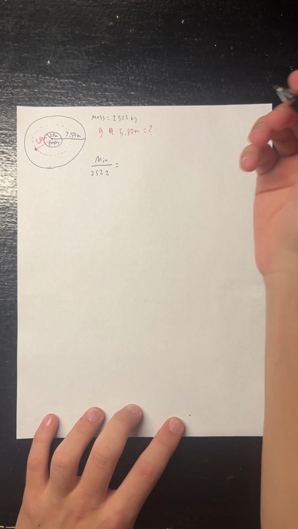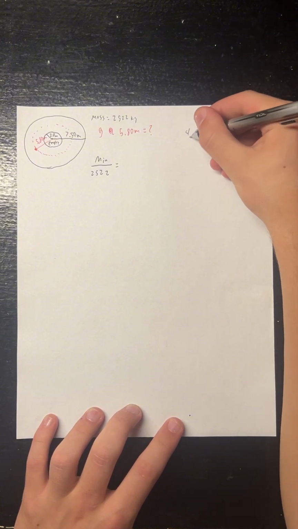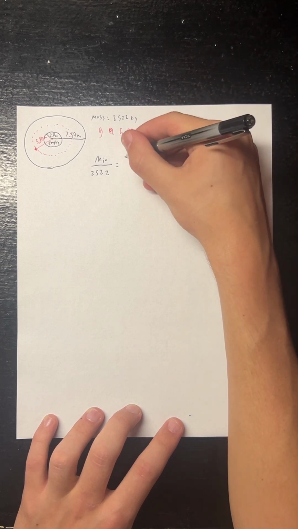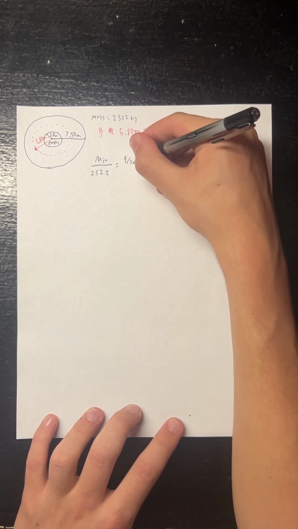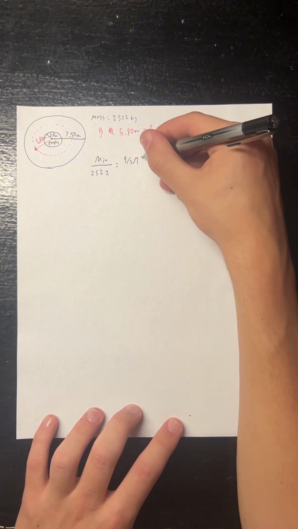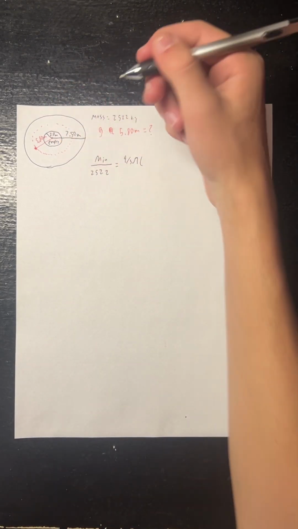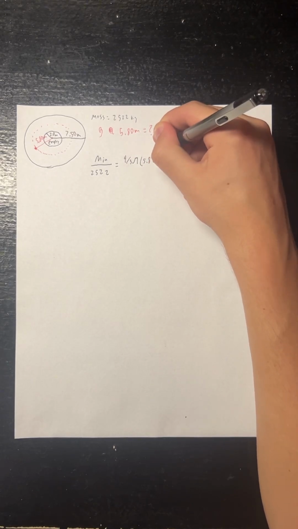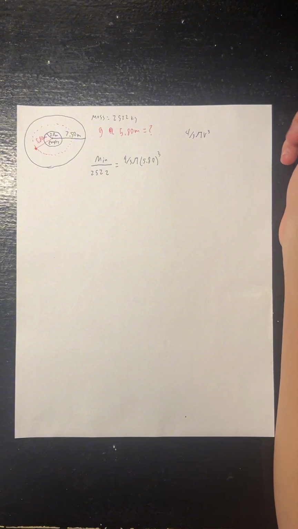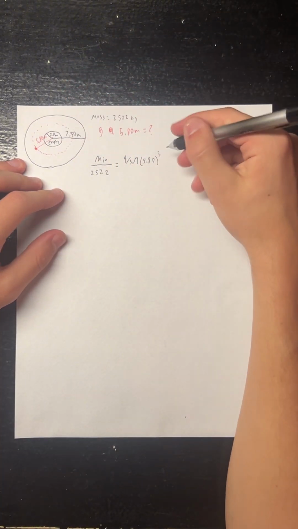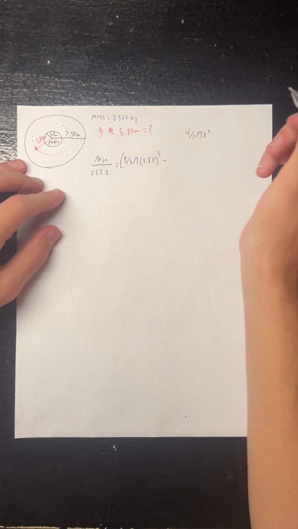So what is the volume of a sphere? It is 4/3 pi r cubed. So it's going to equal 4/3 pi, and then r is going to be 5.80 cubed. And then you have to consider that this is empty space right here, so you have to subtract the empty space.